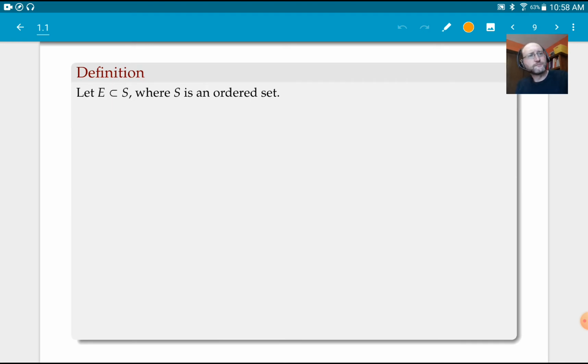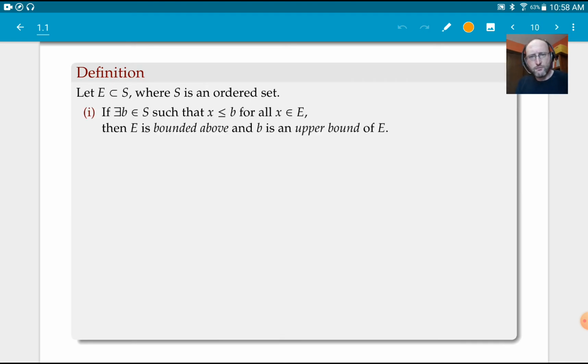All right, so let's define bounded above and the least upper bound, and bounded below and the greatest lower bound.